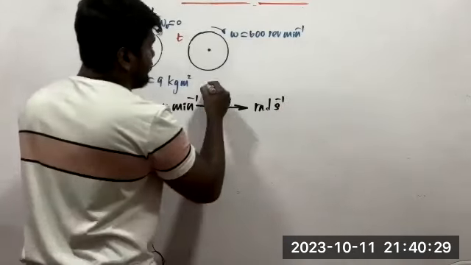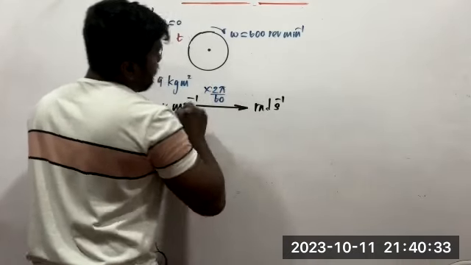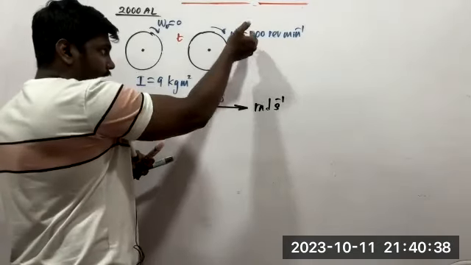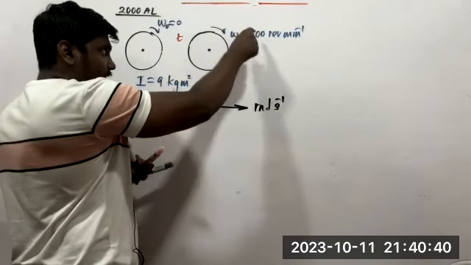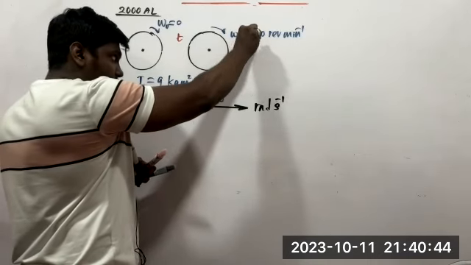So I should convert this angular velocity 600 into radians per second, therefore I'm multiplying by 2 pi over 60.